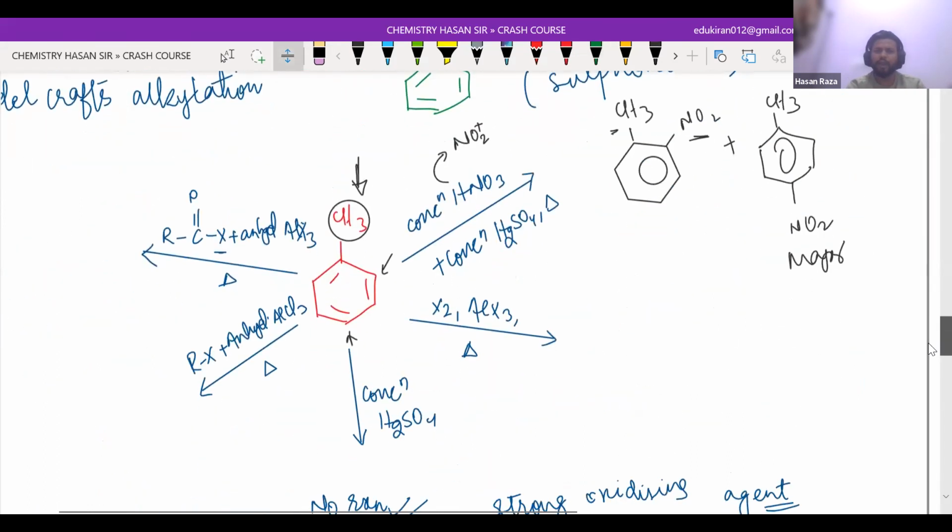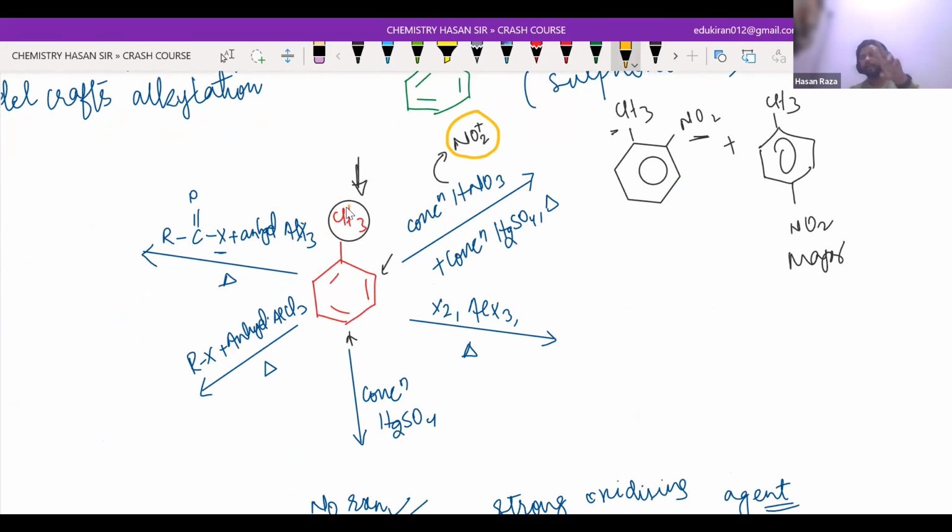But when there is already some group on this, like CH3, you will get two products, ortho and para, with respect to CH3, because this CH3 has a plus H or plus I effect. If instead of CH3 there is some group like NO2, which is a minus M effect group, that is meta directing. We also discussed this, if you remember.